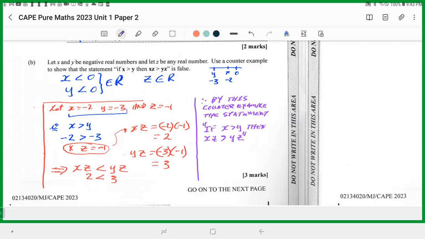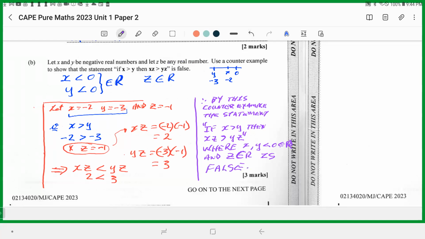So when I say where the x and the y are less than 0, and they are also real, and the z was real, this statement is not true, is false.